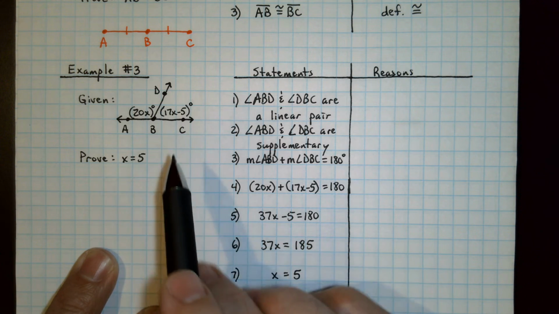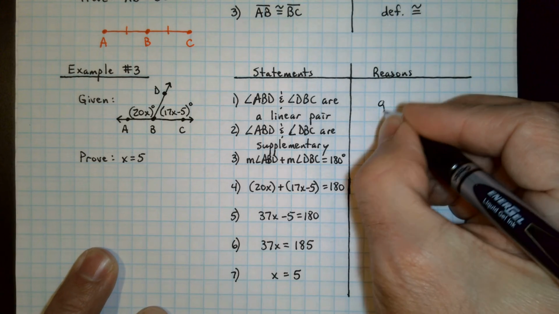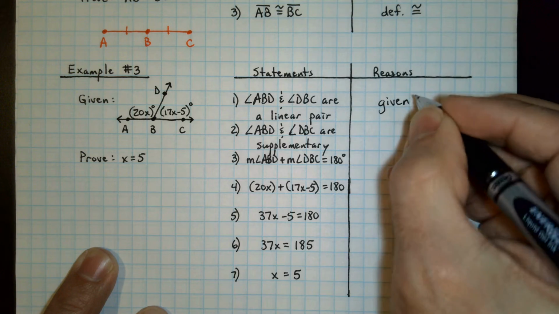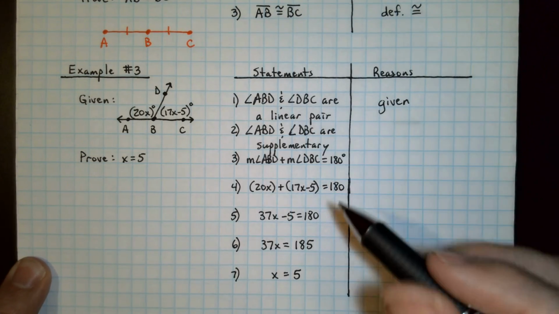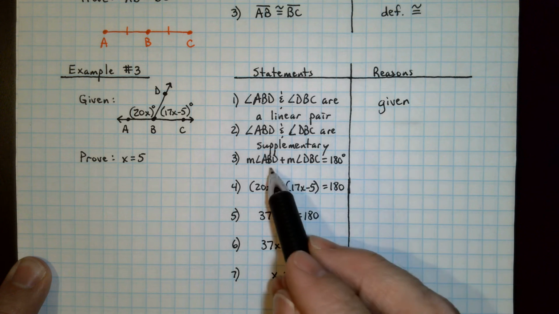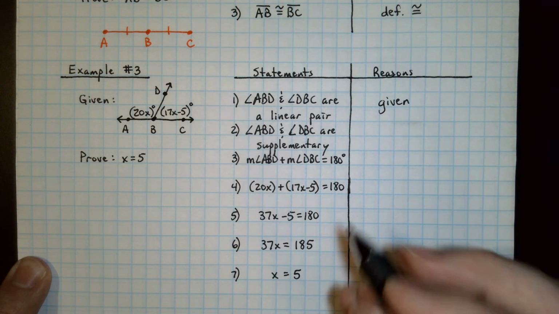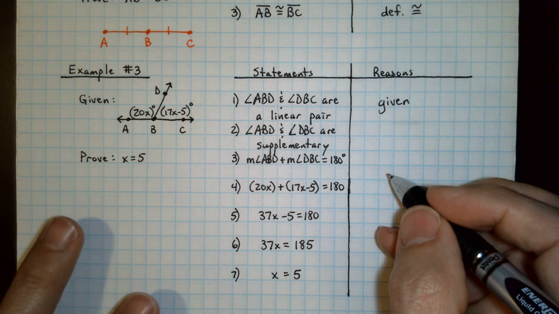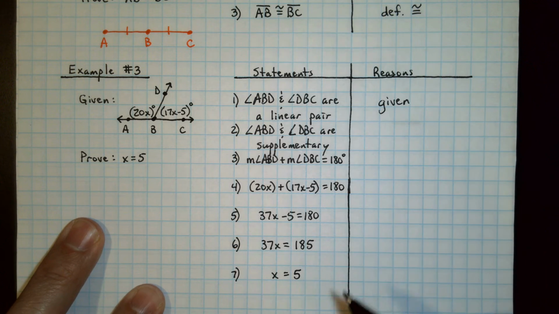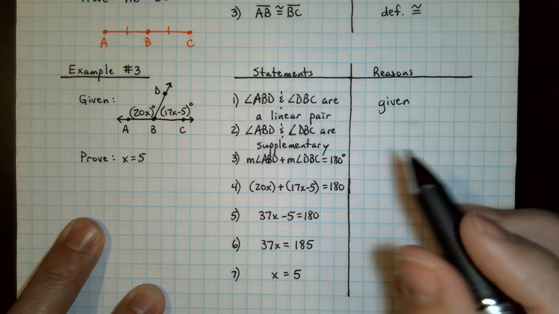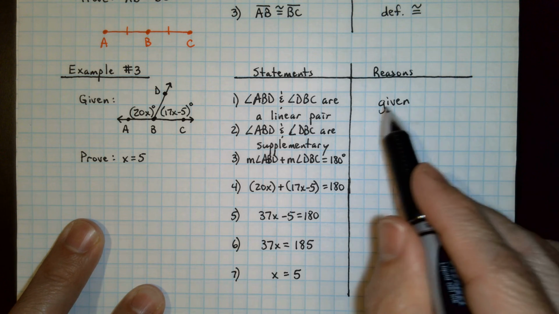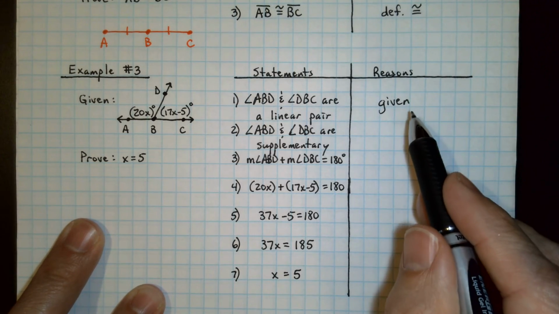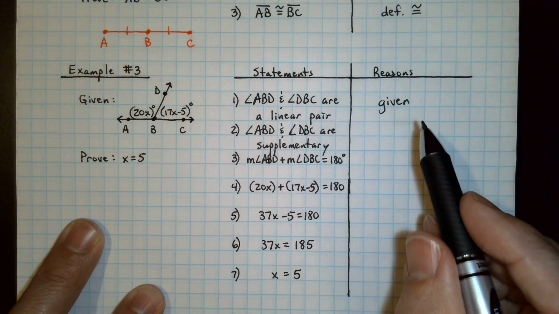So they are a linear pair, and that is the given information directly from there. Now there could be some debate as to how many of these steps are necessary, and could you go straight to this from the beginning? You could argue that, but everybody solves proofs with slightly different steps along the way, but if you can back it up over here in your reason column, then I think it's going to be acceptable.